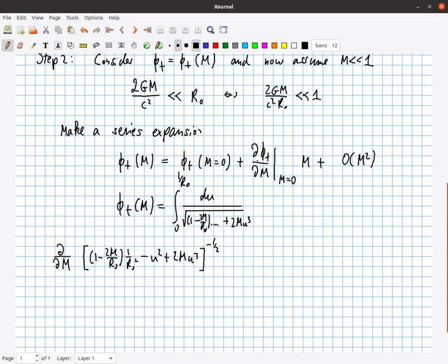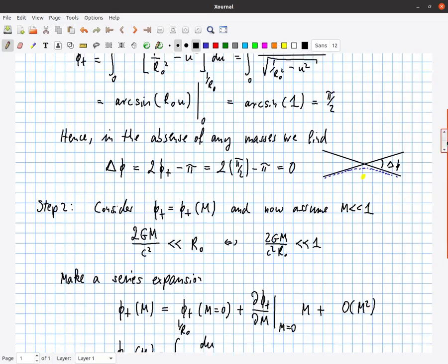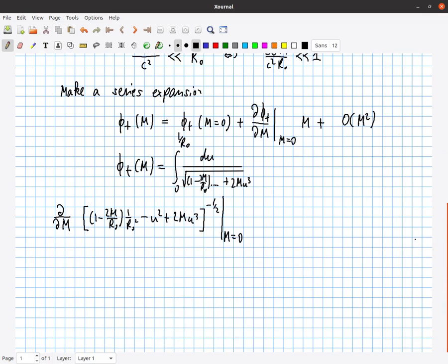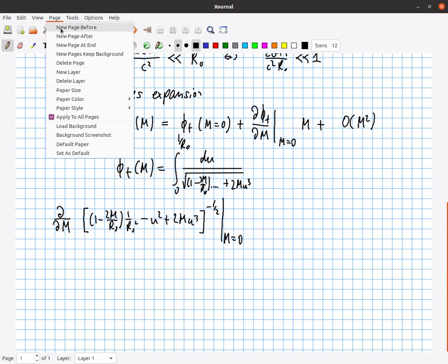And recall, we need the derivative, and then we want to evaluate this when m is 0. Just check that we've written the right thing down. That looks good. Clearly, when we differentiate this object here with respect to m, we don't get anything because it's not a function of m.